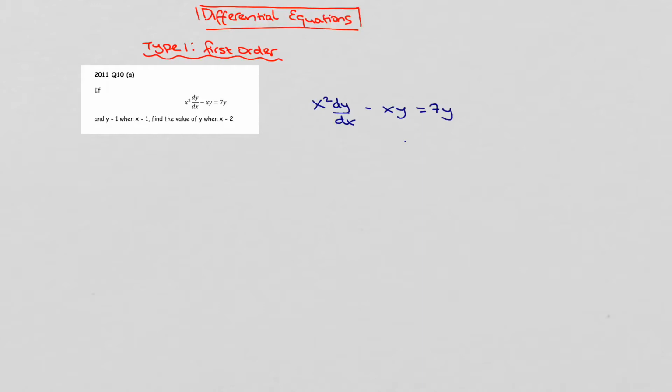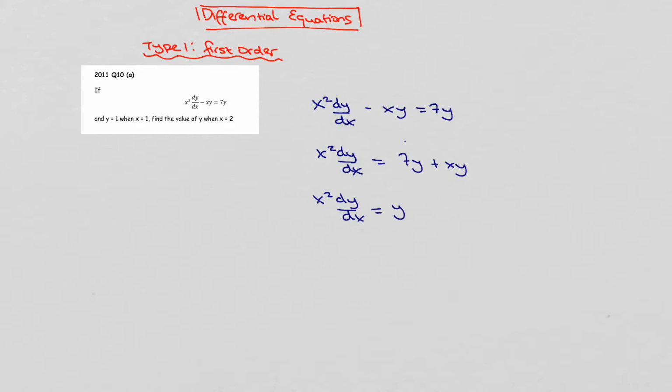So again, we want to separate out our x's and our y's here. So we're going to try and get dy and all the y's on the left and dx and all the x's on the right. So first thing we have to note here is I'm going to get the dy/dx on the left, bring everything else to the right. So we have plus xy. So we want to try and separate out the y and the x's here. So we're going to take out y as being common on the right hand side there.